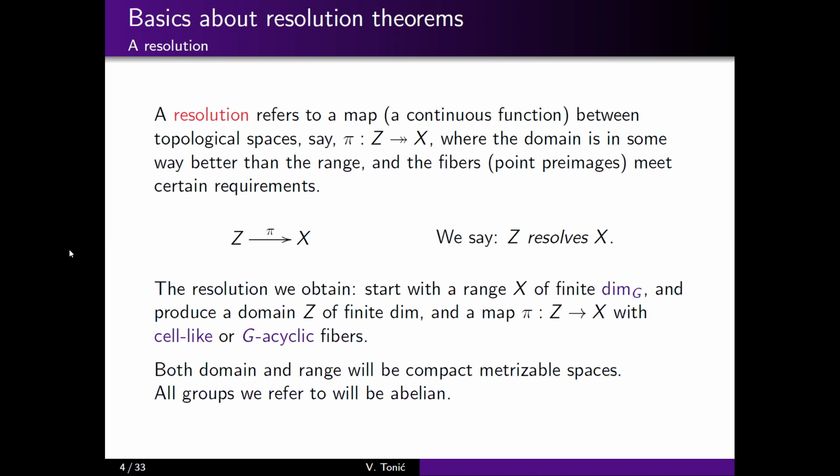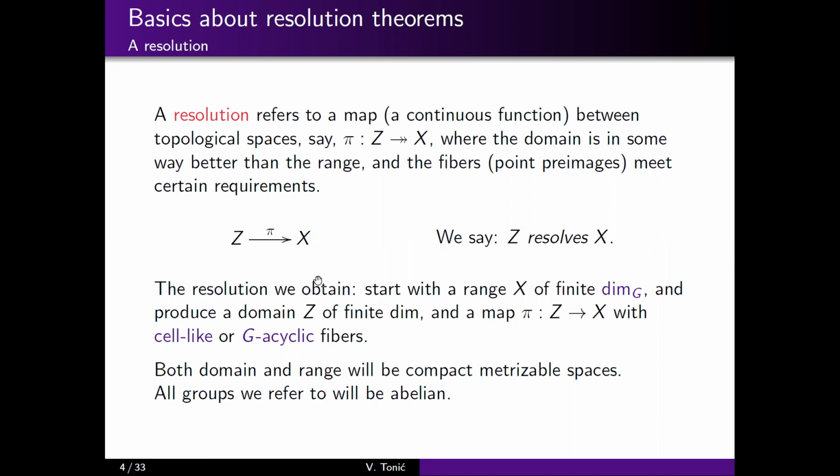The resolution we obtain will start with X, which has dim G, cohomological dimension modulo abelian group G, bounded by some number. The goal of these theorems is to obtain Z of finite dimension, and the map between Z and X should have cell-like or G-acyclic fibers.